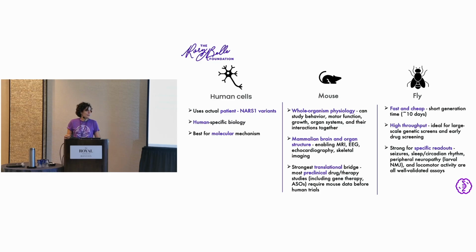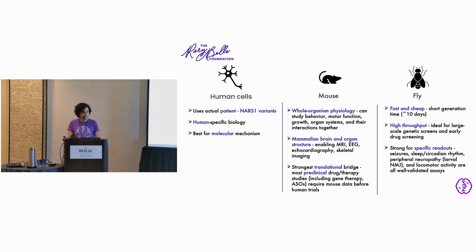For putting drugs on the market, the FDA usually requires a mouse model in order to test the different therapeutic options. So we're very glad that we're able to partner with JAX to get a mouse model.